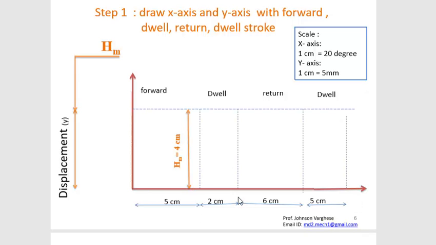So I will draw the x-axis and the y-axis, and then the lift would be around 4 centimeters, because they have said that it is 20 mm. So for me 1 centimeter is equal to 5 mm, that's why I am taking the lift as 4 centimeters.